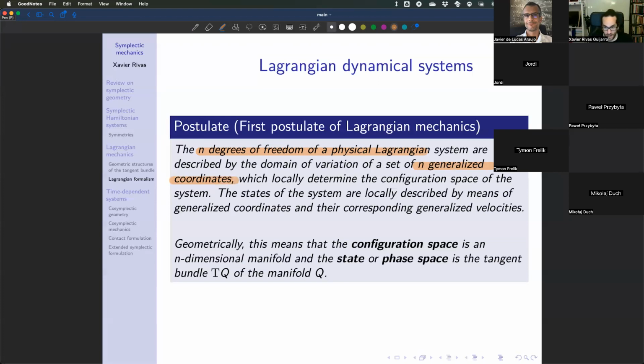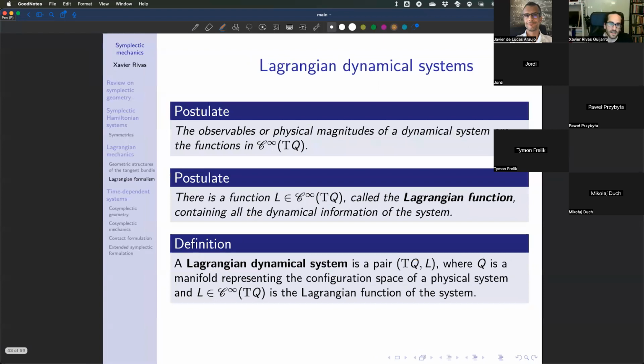These coordinates locally determine the configuration space of my system, and the states of the system are locally described by means of the corresponding generalized velocities. What does this mean? Well, the configuration space is a manifold Q, and the phase space or state space is just the tangent bundle of Q. This is what the first postulate says.